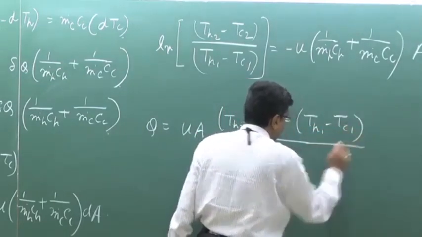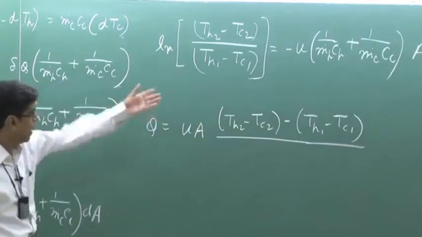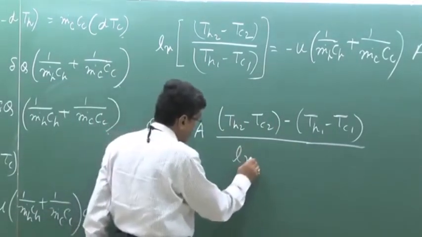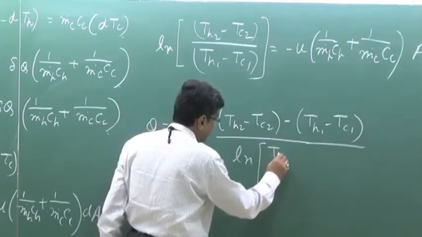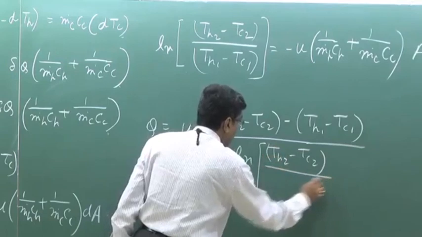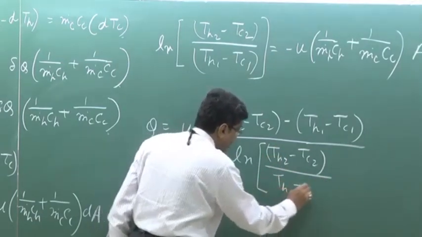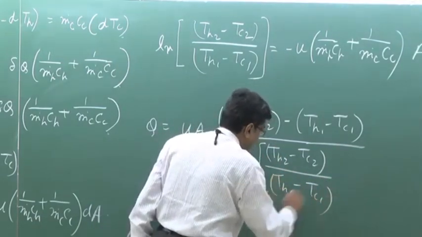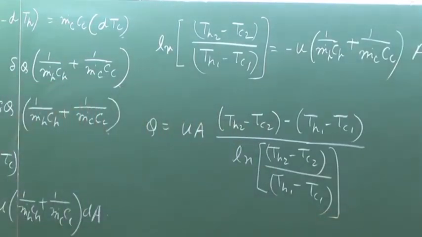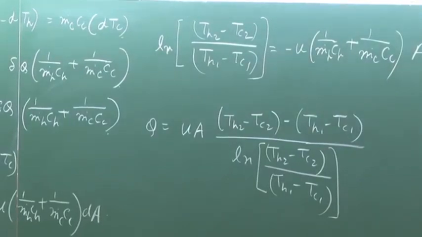I am not unnecessarily wasting time by doing this. Just simple, if you do that, you will get this one, TH2 minus TC2 divided by TH1 minus TC1. Automatically you will get this if you just substitute 1 by m dot HCH plus 1 by m dot CCC in terms of Q from here.